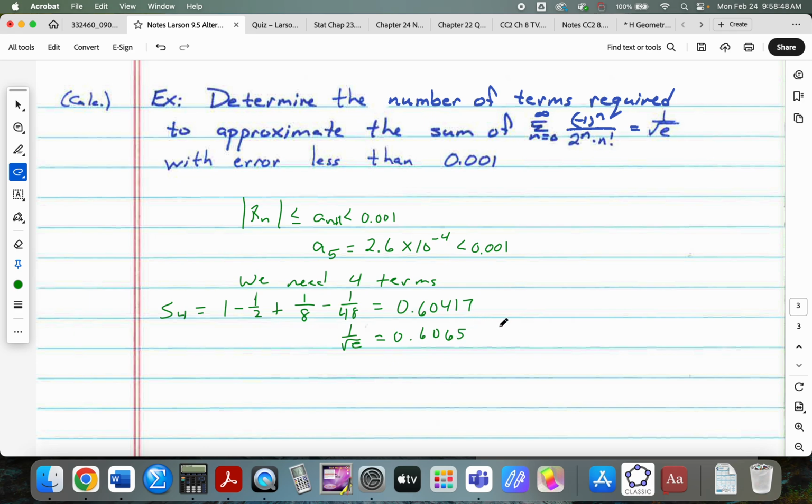That looks to me like that's a bigger difference. Oh, that's n equals 5. So since we started at 0, we actually need 6 terms. Or we need 5 terms, excuse me.